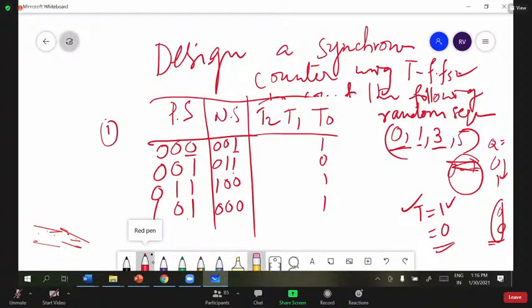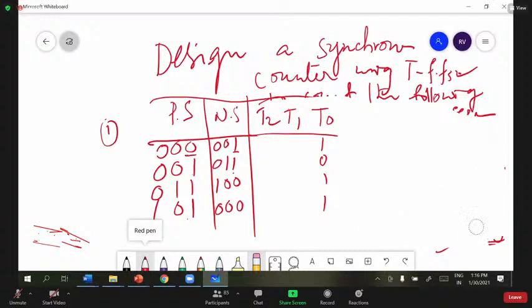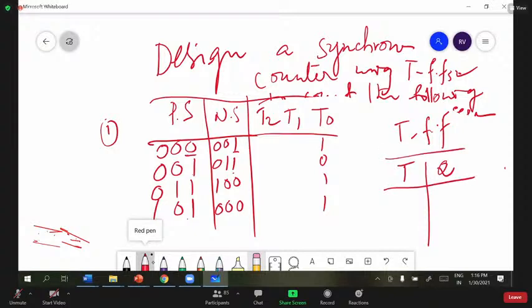So what I am saying, this is the sequence. This sequence we have to read: 0, 1, 3, 5. So I'm asking you to implement using T flip-flops. For the T flip-flop, just observe the truth table: T input, clock, and the output. When T is 0, assume the previous output is 0, you will get the same output.